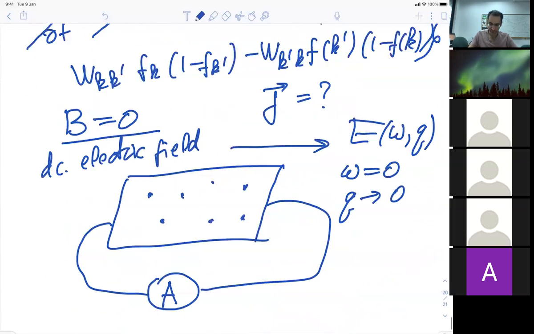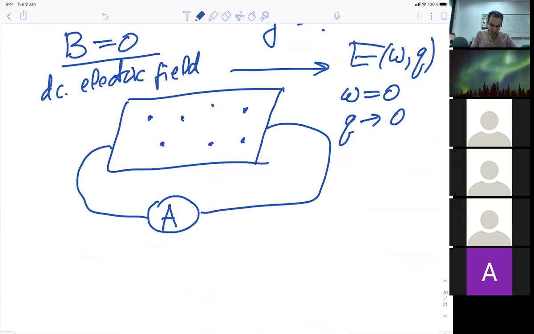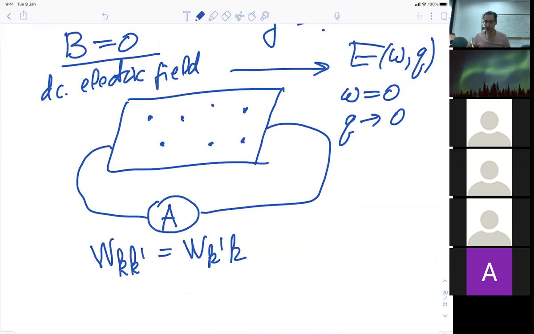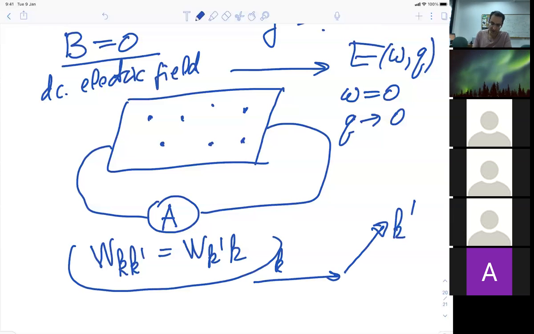And to make life even easier, let us assume that W k k prime is equal to W k prime k, which means that the probability to scatter between state k and state k prime is the same as the probability to scatter from state k prime to k. This is not necessarily the case, but for most scattering processes it is, and for what we are discussing right now, that's sufficient.